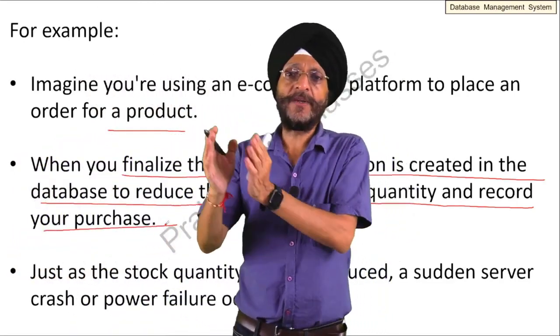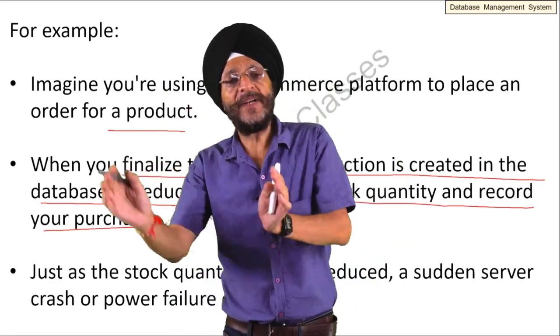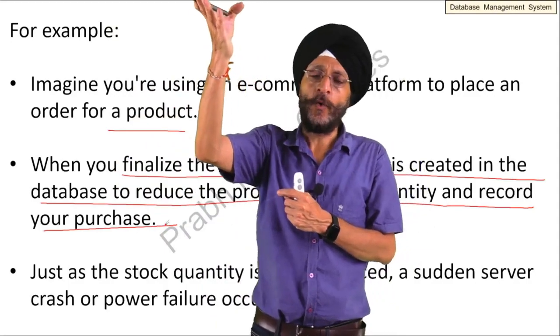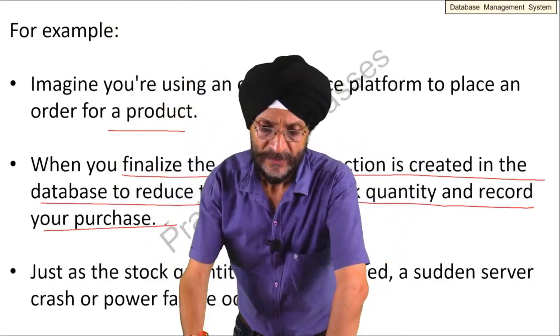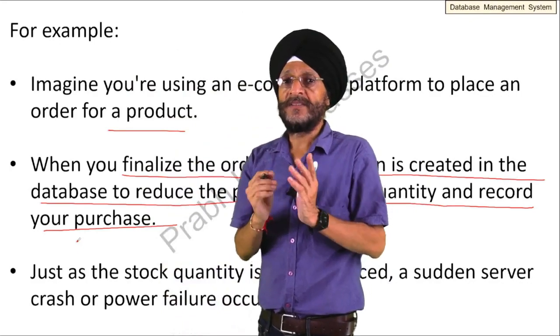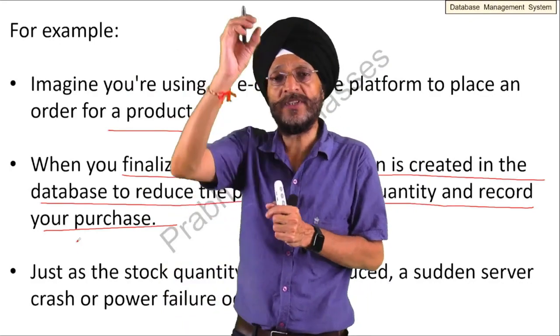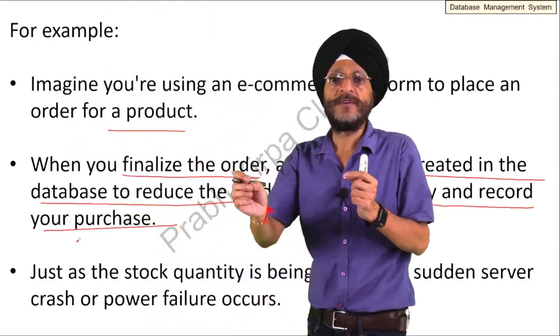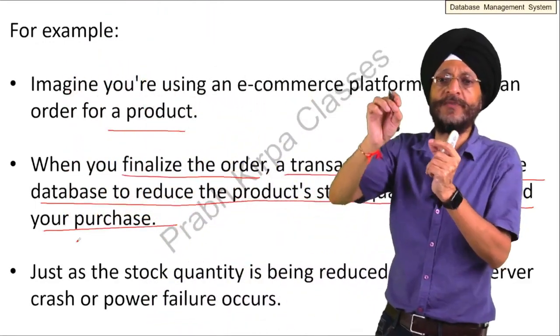Payment has been made by you, the order has been booked, and in the meantime, power goes off at the level of the online site. When you have purchased the item, the DBMS has to ensure that the quantity purchased by you is reduced from the inventory of the online site.